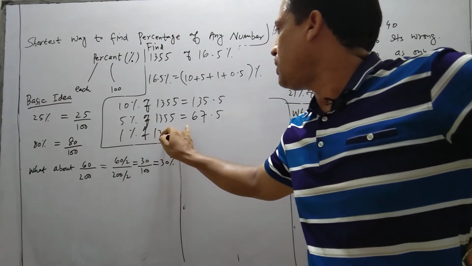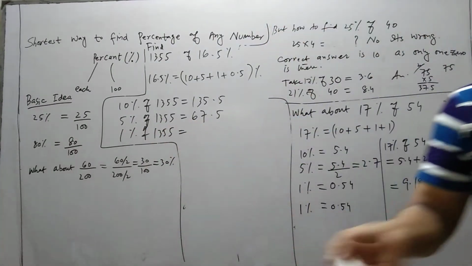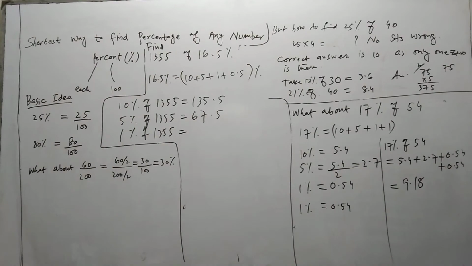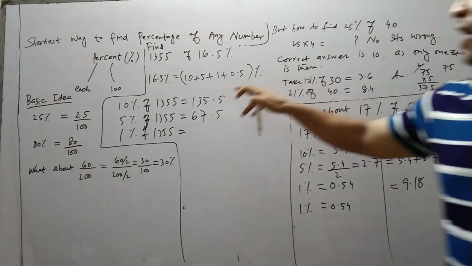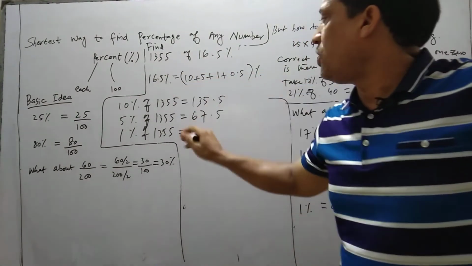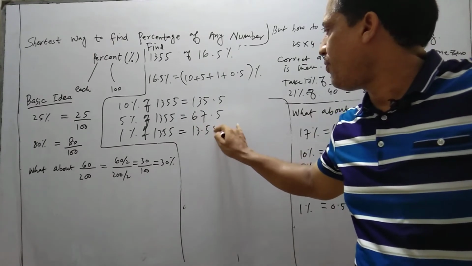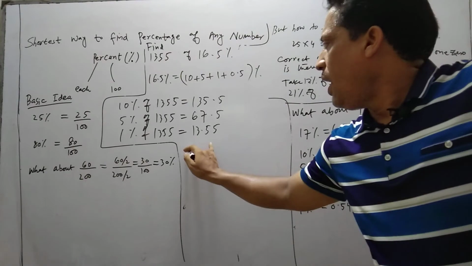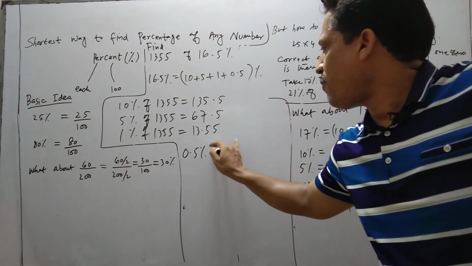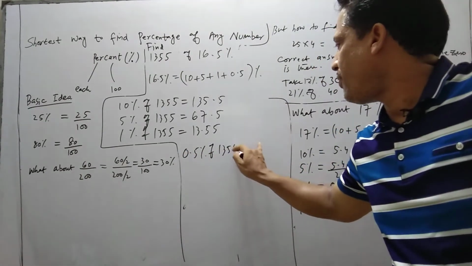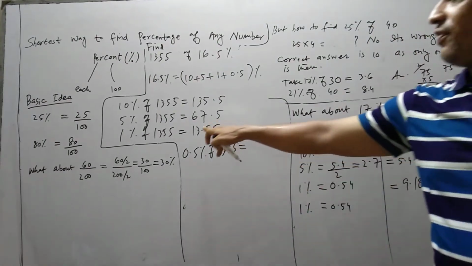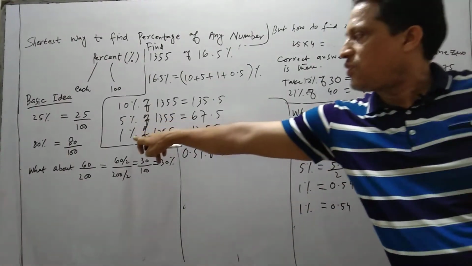1% of 1355 is, obviously, 1% means you have to put the point after 2 digits, so 13.55. And finally 0.5% of 1355 is equal to this answer divided by 2, because this is 1%.